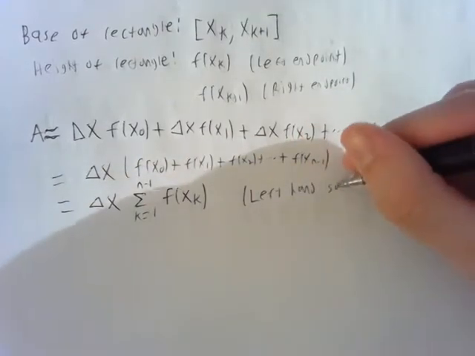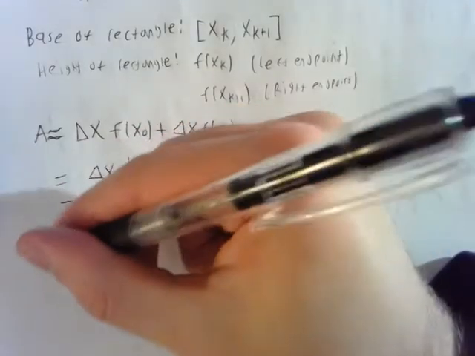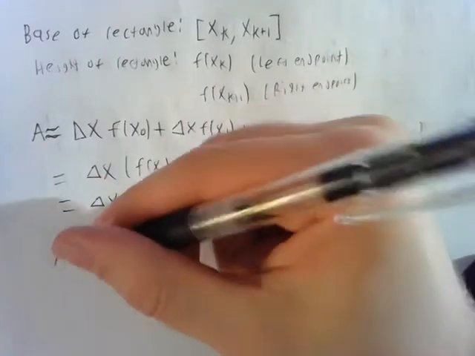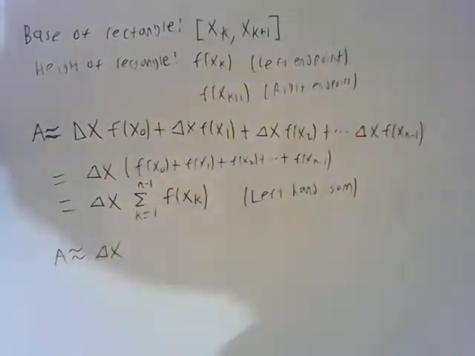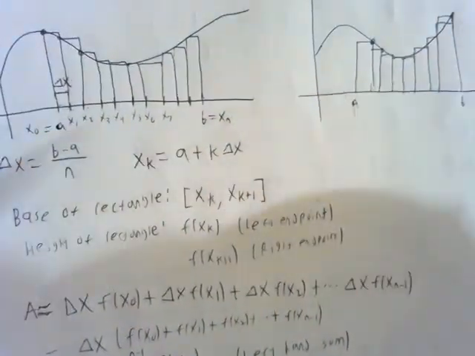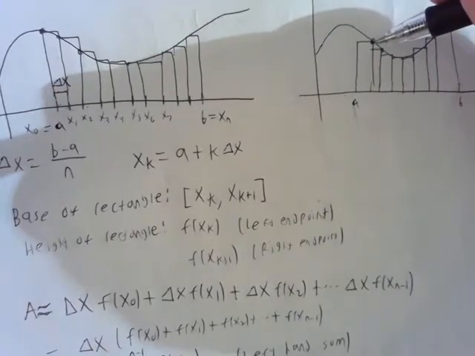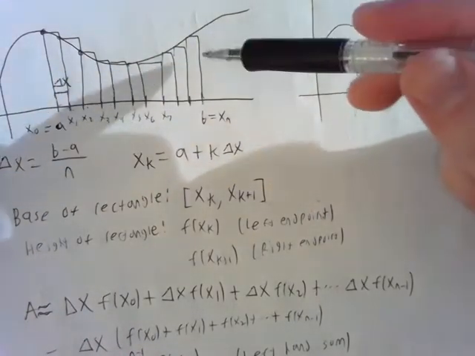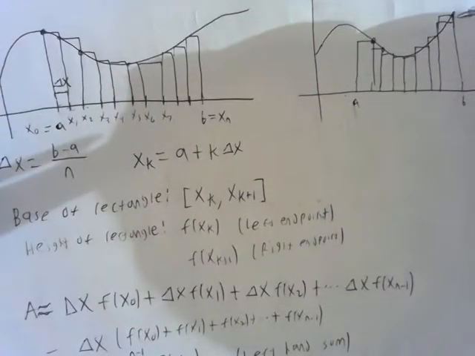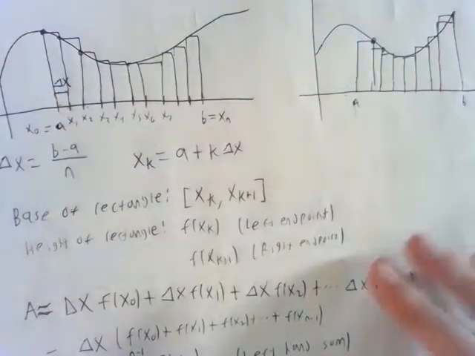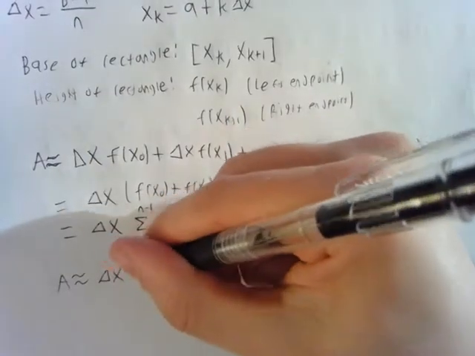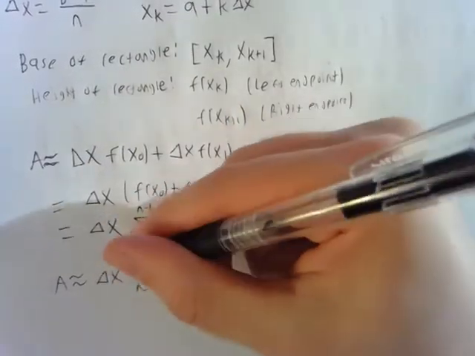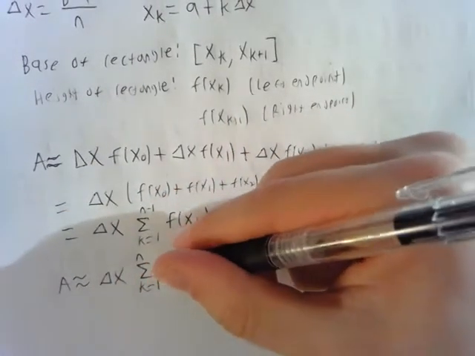We can also approximate the area with the right-hand sum. The only difference is that now our first rectangle, the function height starts with x1 instead of x0, and instead of ending on n minus 1, it goes up to n. So that means that by a similar procedure, we can find the right-hand sum is going to look like this.